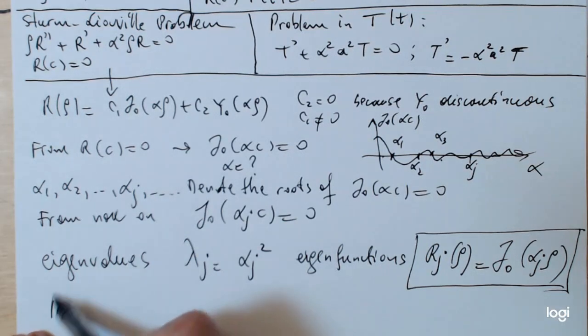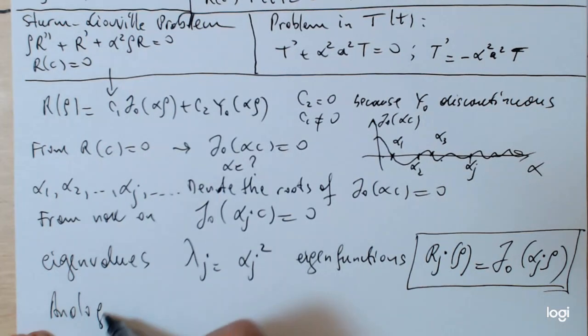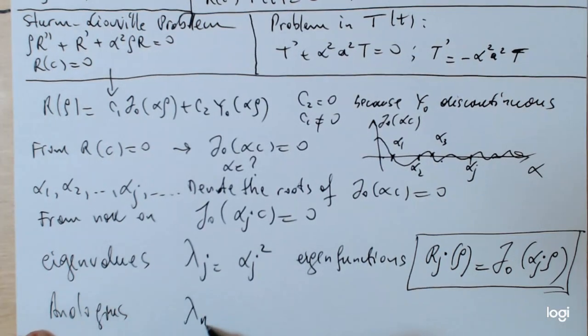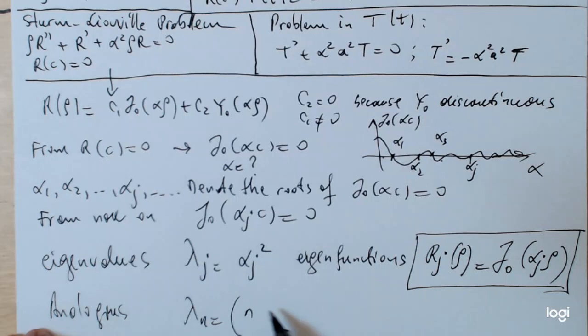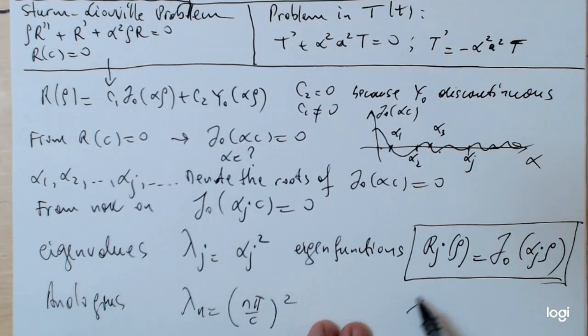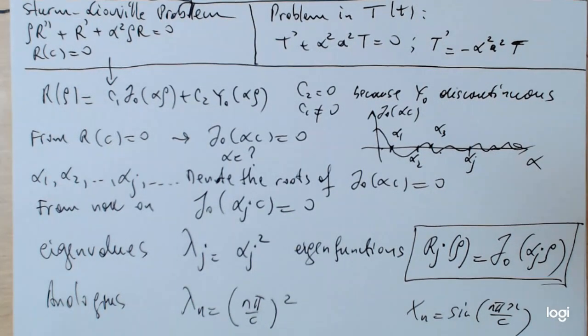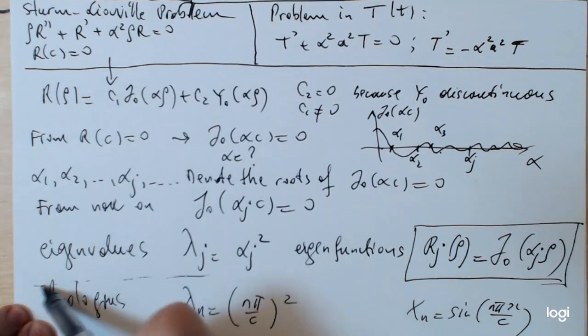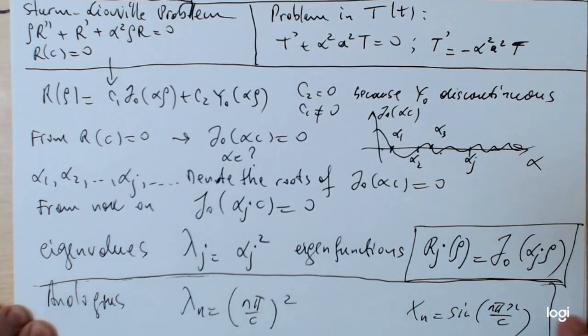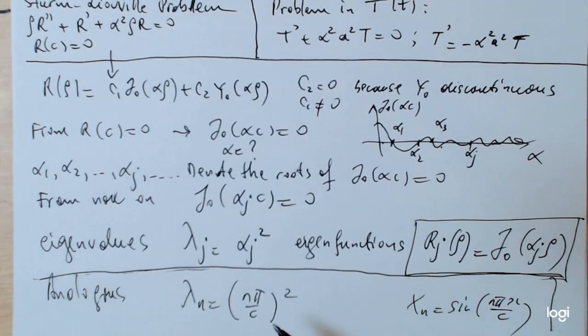And again, this is analogous to previously saying that lambda is n pi over c squared, and eigenfunctions were sine of n pi x over c. You don't have to write this down, by the way, because I don't want you to get confused between Bessel functions and the previous types of Sturm-Liouville problems, but I'd like you to compare this because this is really the complete analogy between what we had before and what we have now.